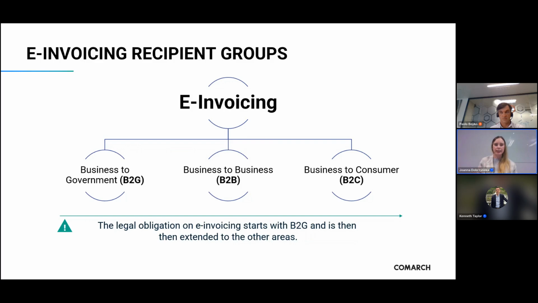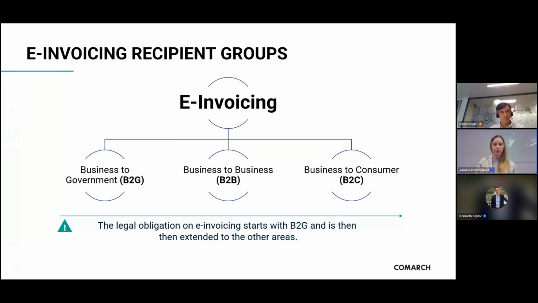Then the mandate is expanded to the private sector with a pilot that includes companies with the largest revenues and gradually involves smaller enterprises. For example, we are seeing this in Poland, in Germany, etc.